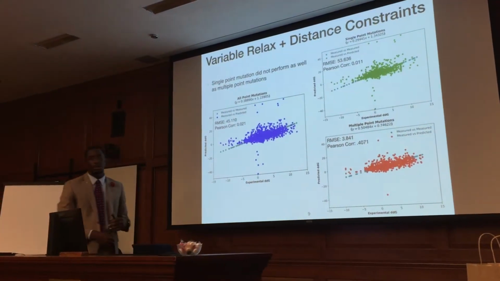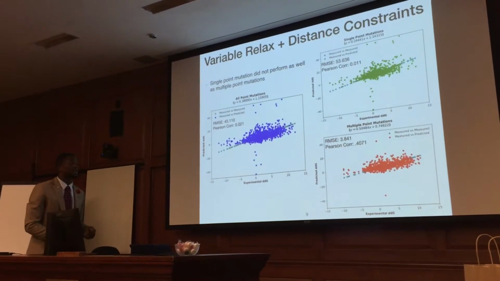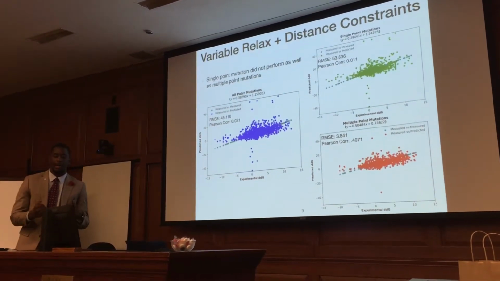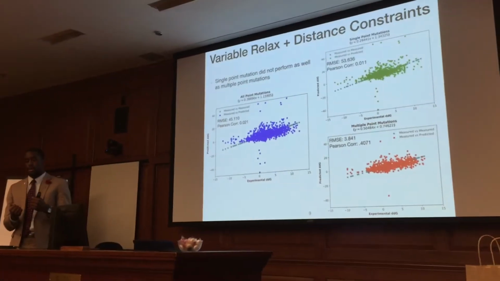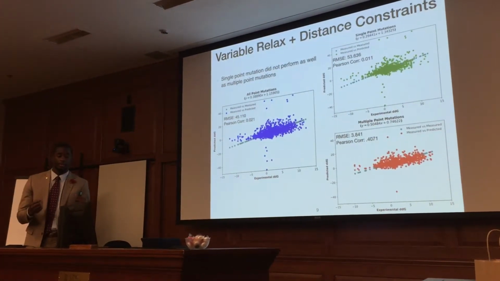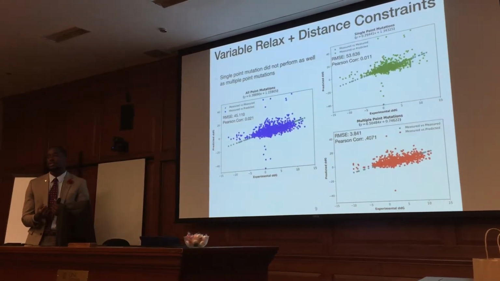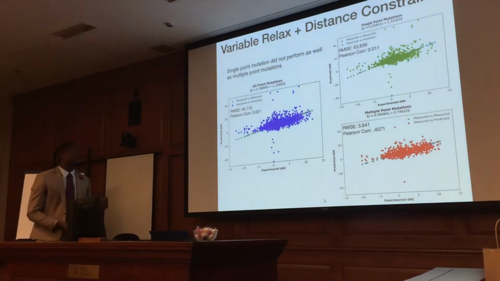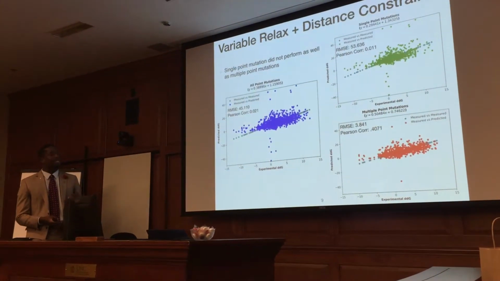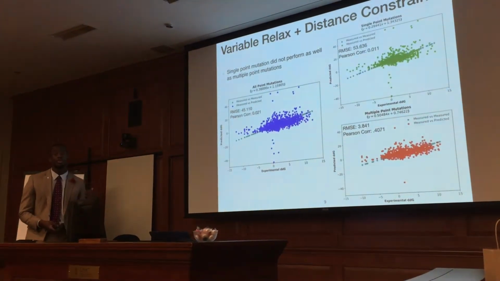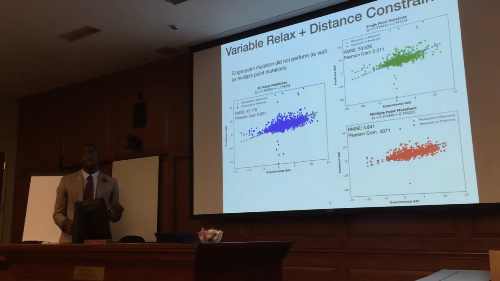Rolling with this variable relax protocol, we introduced what are called distance constraints to the protocol. That essentially doesn't allow atom pairs that are near the mutation to move a certain distance away from or closer to the mutation. When we did that, we saw that our Pearson correlation vastly dropped compared to what we had previously tried with just variable relax.